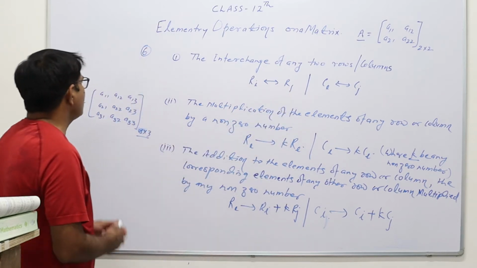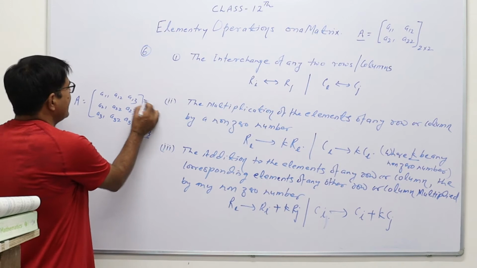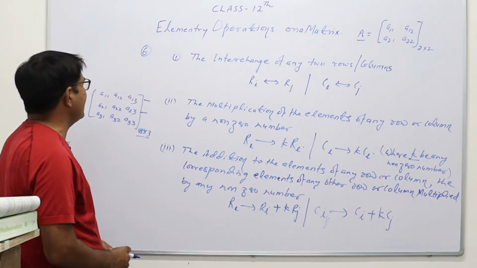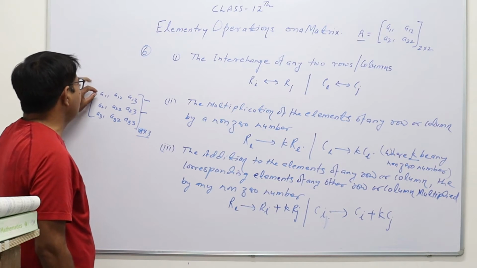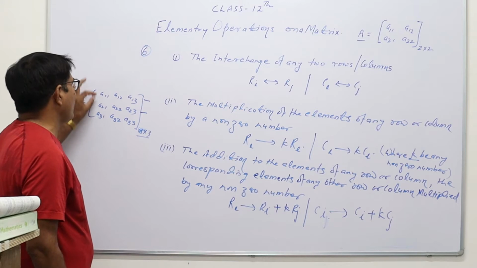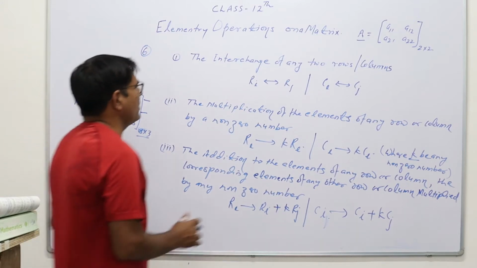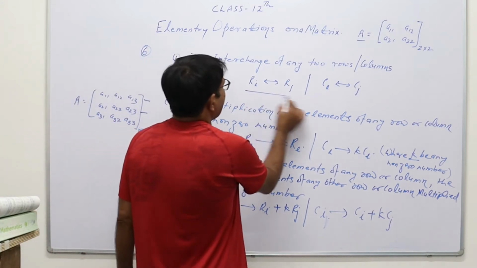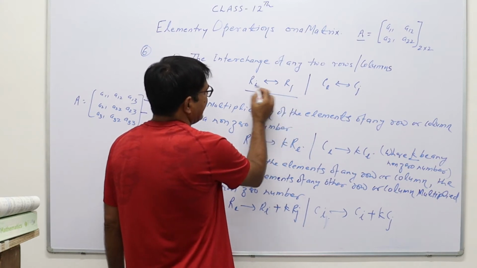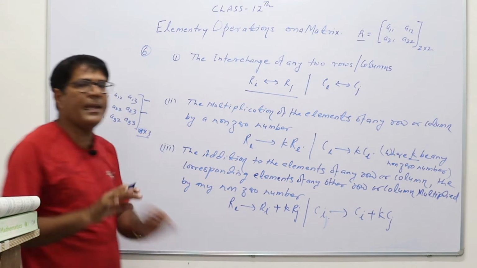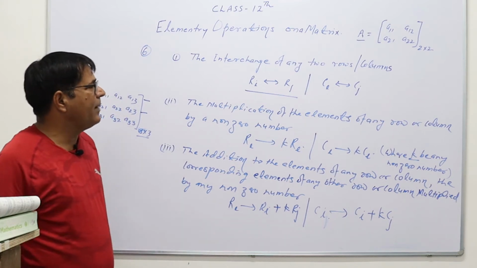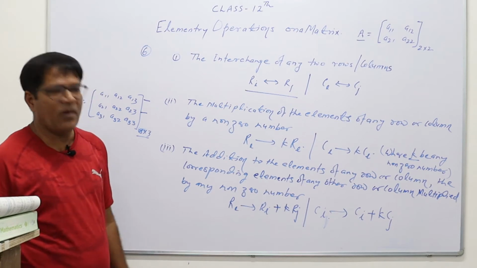Let us suppose the first row is this, then the second row is this. The first elementary operation is that we can change the first row by the second and the second row by the first row. If the ith row is Ri and the jth row is Rj, then these 2 rows can be interchanged, and this is known as an elementary operation.